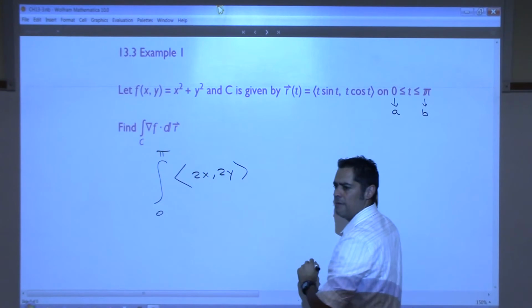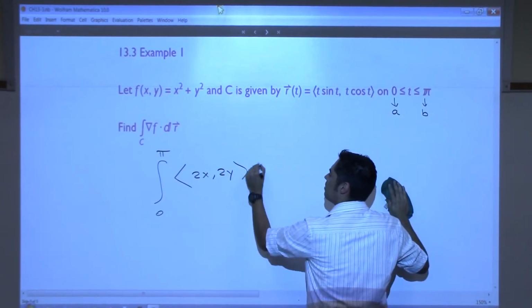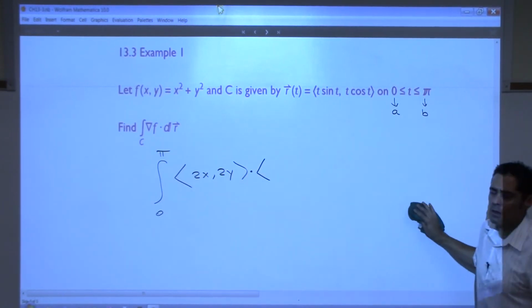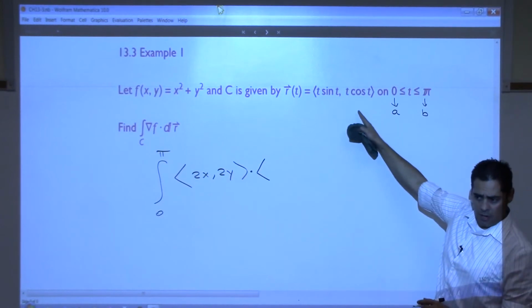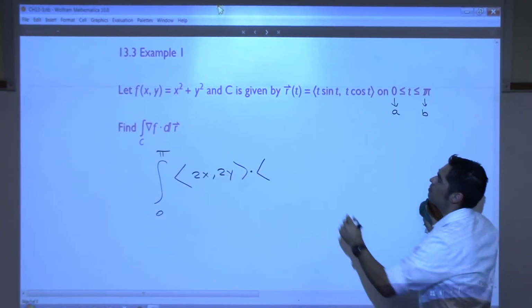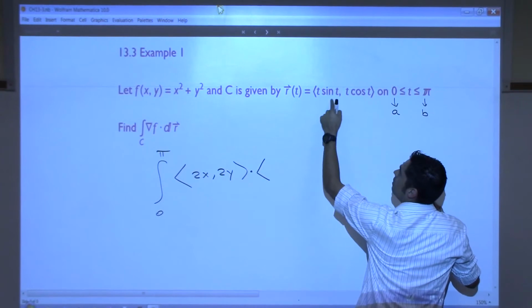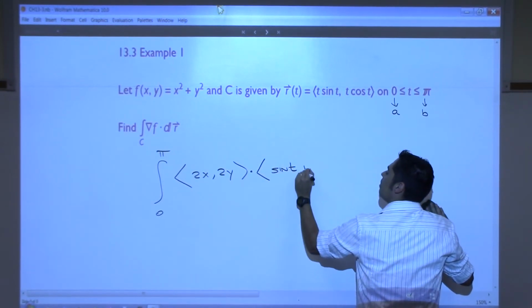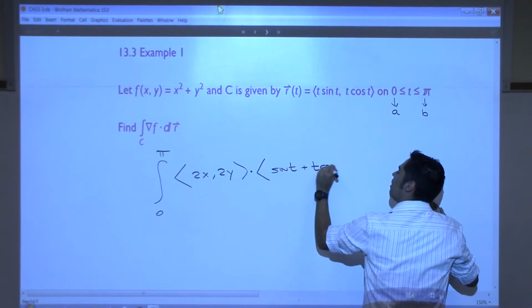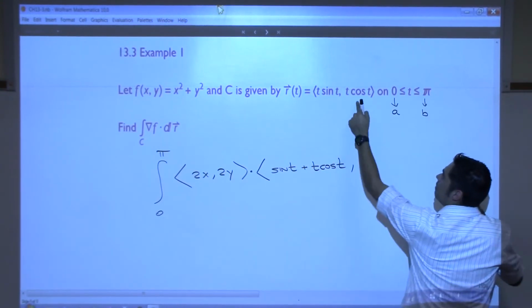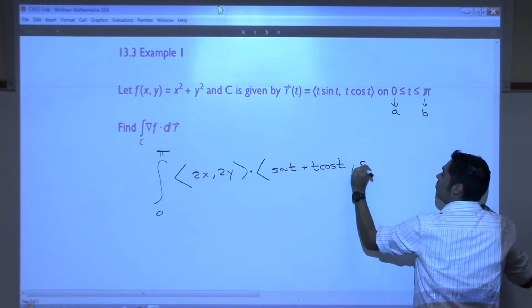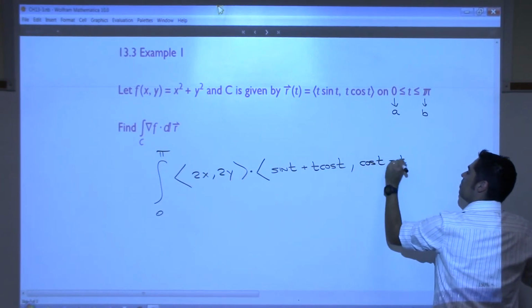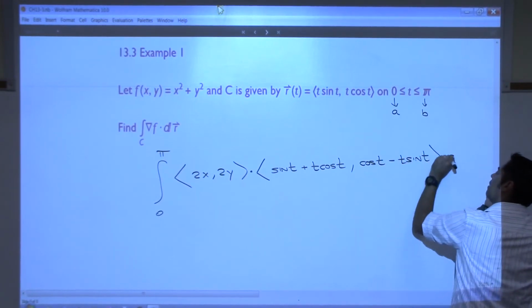Then you're going to dot that with dr, the derivative of your curve. Product rule here: sine t plus t cosine t, and then the derivative of that one, which would give you cosine t minus t sine t, dt.